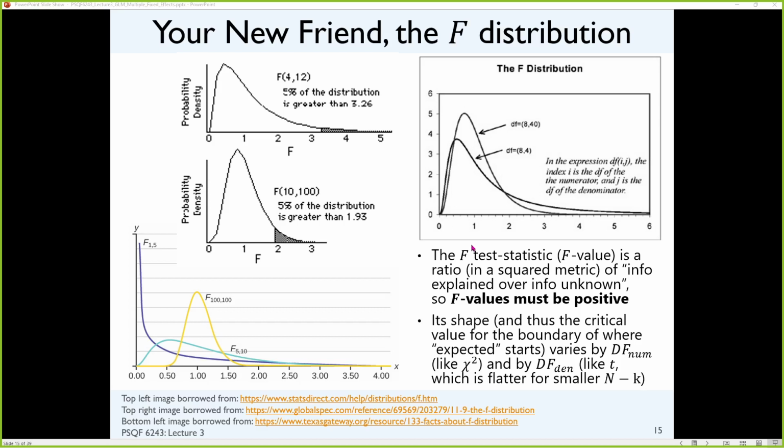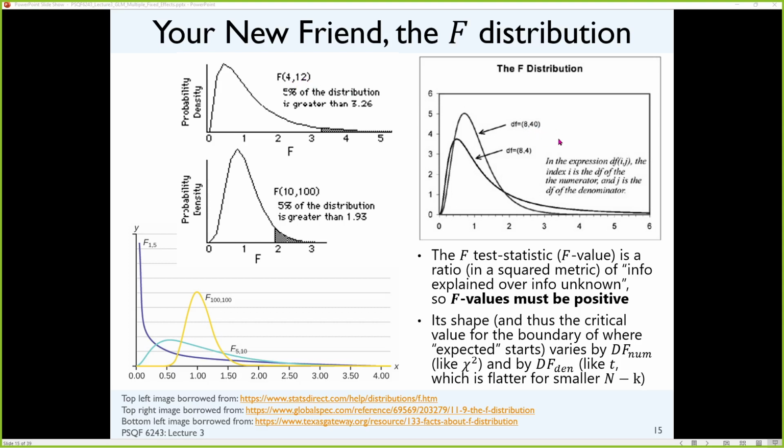And to know where 5% unexpected starts in F, because that's still going to be our standard for what significance means, is that it would be expected less than 5% of the time if the null hypothesis were true. To know where that 5% starts in F, you have to know two things. So the numbers that are in the parentheses here, these are degrees of freedom.